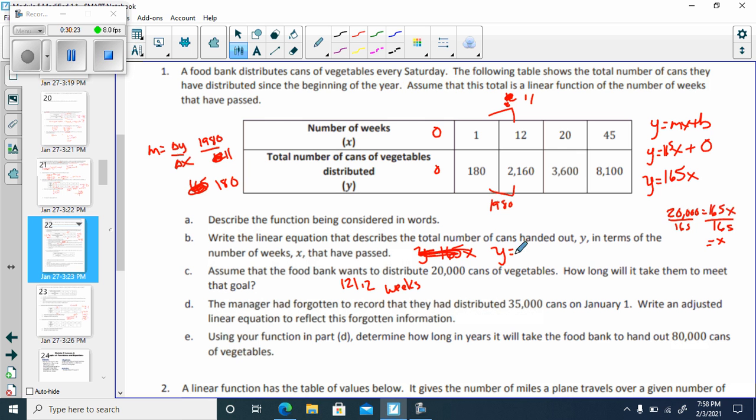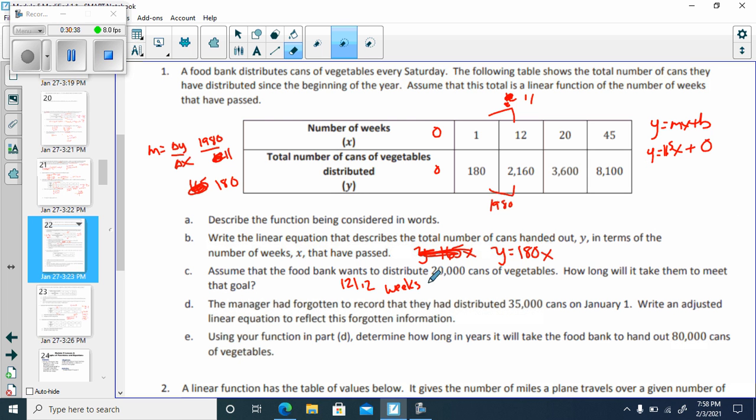Our equation is y is equal to 180 cans per week times the number of weeks. We should have known that from right here. Week 1, we gave out 180 cans, okay? So let's fix this right here. This should be y is equal to 180x, okay?